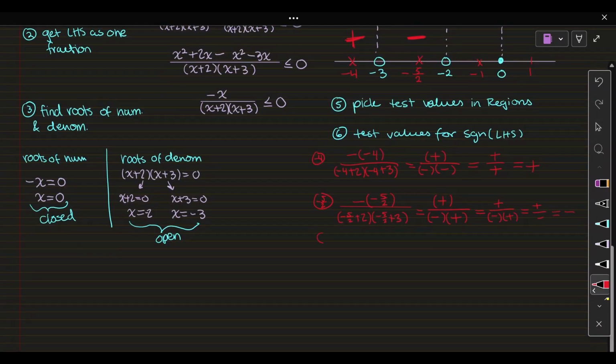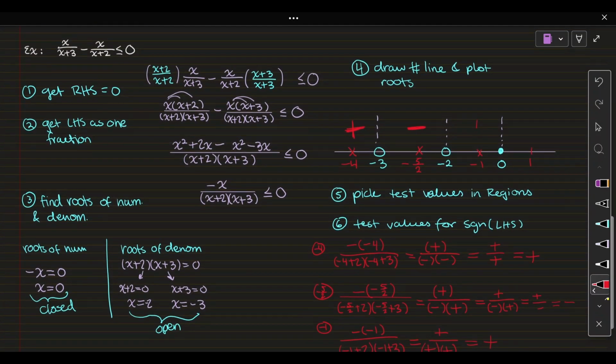Okay. Now testing -1, I have -1 over -1 plus 2 times -1 plus 3. That gives me a positive over a positive times a positive. I hope you can see that we are all positive, so we're getting a positive here. So in this region we are positive.